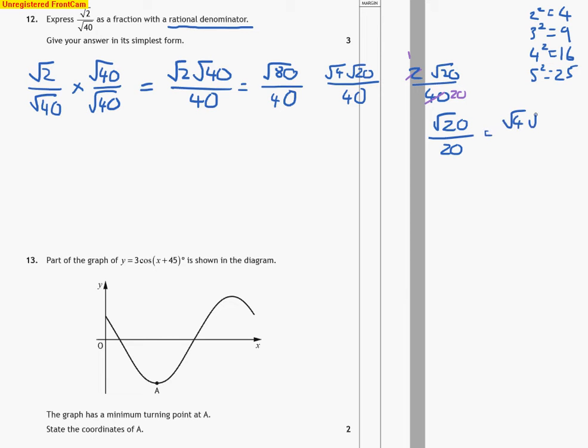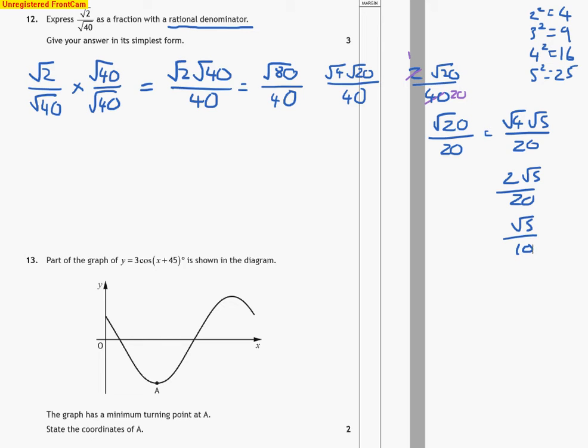Just thinking about your factors: 20 and 1, 10 and 2, 4 and 5. That's going to give me 2 root 5 over 20. And dividing 2 and 20 both by 2 is going to give me root 5 over 10. I think that's as far as we can take that.